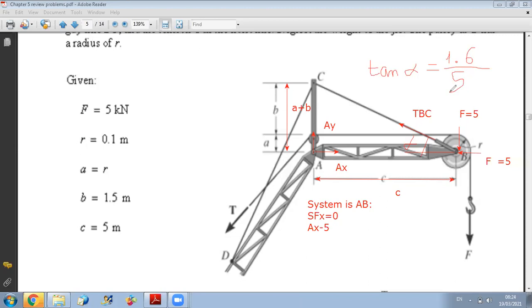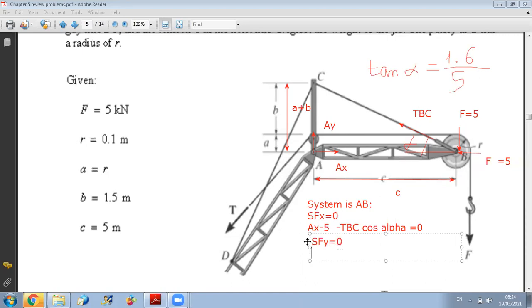Now once I get alpha, when I project on x, it's minus TBC cosine alpha equals 0. This is the first equation. The second equation is sum of forces along y equals 0.